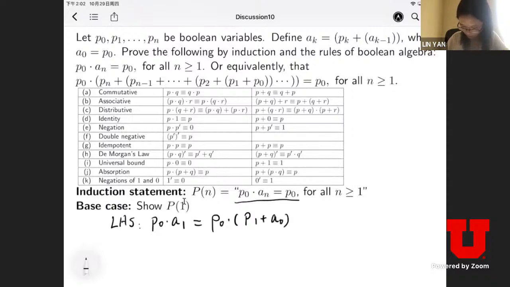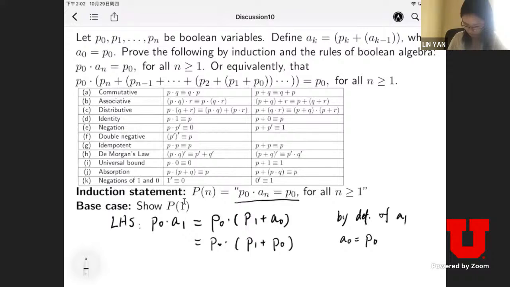This is by the definition of A1. Then it is equal to P0 times P1 plus P0, because A0 is equal to P0.